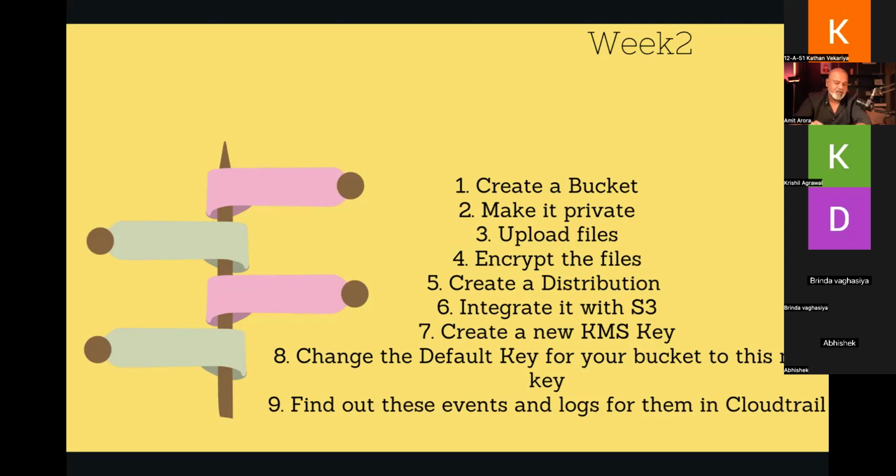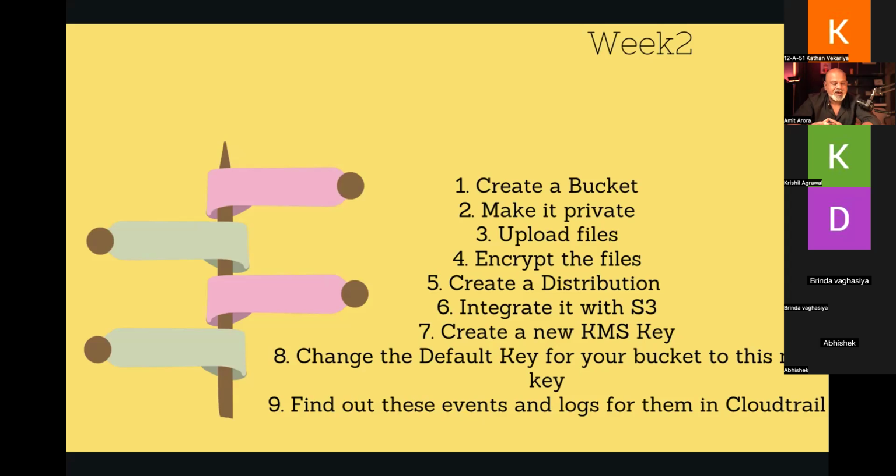Then this time we will add a little bit of debugging into our building process. And I will introduce you to another service which is called CloudTrail. CloudTrail is a service which takes care of all kinds of logging activities happening in your AWS account.